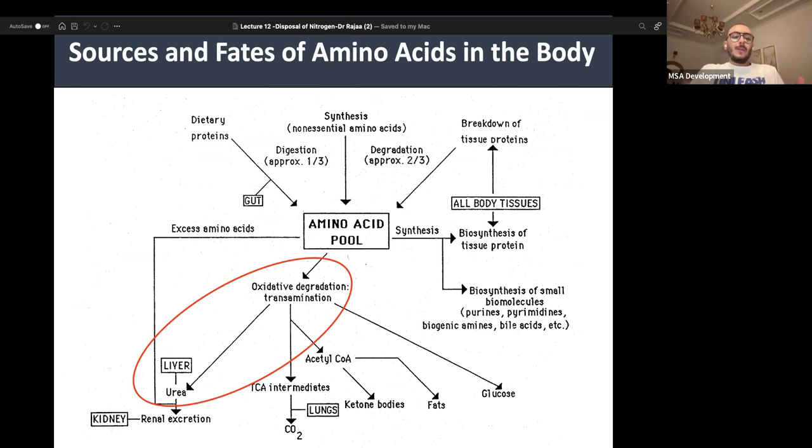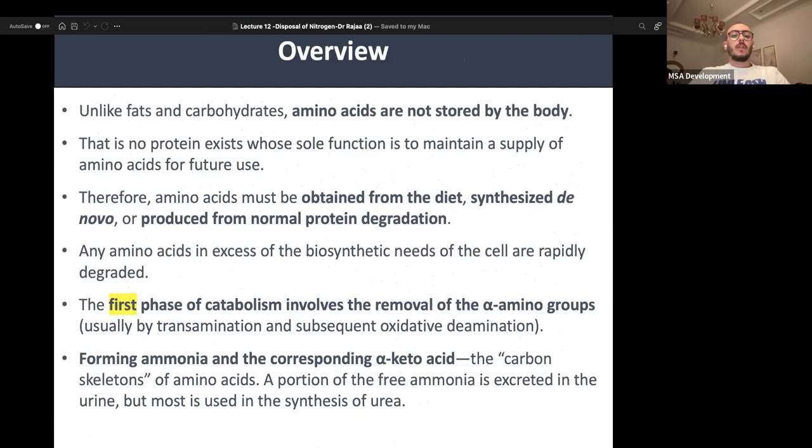I know some of you want the amino acids to stay in your body, but no, you don't want this, because amino acids are toxic, and for a couple of reasons that I'll be discussing now, inshallah. Amino acids don't have storage in our body. We don't have a storage for amino acids or proteins generally, unlike carbohydrates and fats. You know how carbohydrates are stored as glycogen, and fats are stored as lipids in adipose tissue.